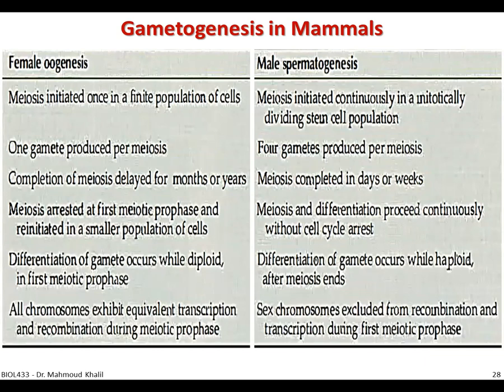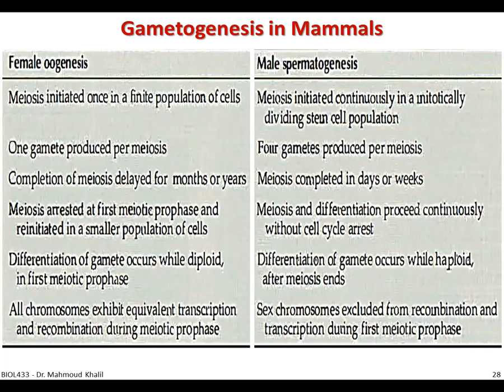In oogenesis, all chromosomes exhibit equivalent transcription and recombination during meiotic prophase, while in spermatogenesis, sex chromosomes are excluded from recombination and transcription during first meiotic prophase. And this last comparison is very important because, as you know, in females, the sex chromosomes are XX, so it is acceptable to have recombination between the two X chromosomes.